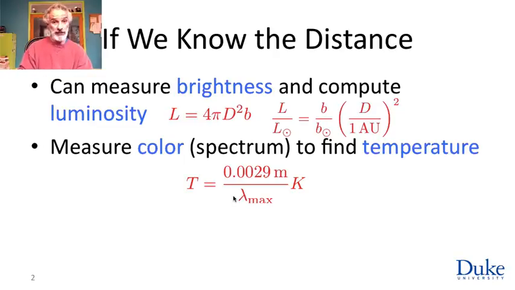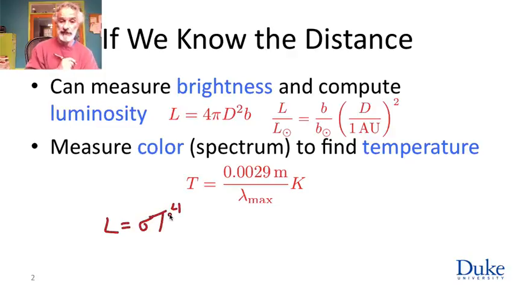And now, if I know the temperature and I know the luminosity, I can remind myself that I had yet another expression for the luminosity of any star. L was equal to sigma T to the fourth, given by the Stefan-Boltzmann law for the rate at which each square meter of the star's surface radiates, times the surface area of the star, which in terms of the star's radius is given by 4 pi R squared, where R is the star's radius.